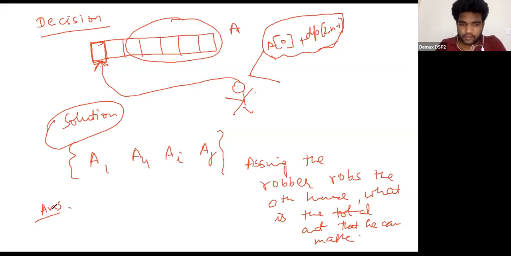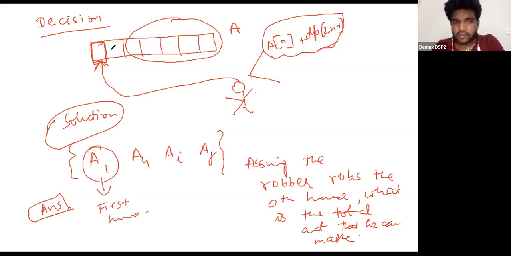So now what we are saying is, in the actual answer, look at the first house that the robber robbed. That first house could be this house, or it could be this house, it could be any of these houses. Correct?